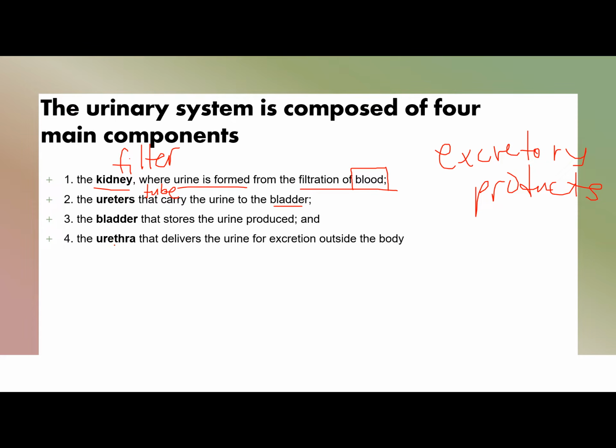And the last component is the urethra, which delivers the urine for excretion outside the body. So again, let me repeat, the four main components of your urinary system are the kidneys, the ureters, the bladder, and the urethra. Para tandaan nyo, use the acronym KUBU. Kidney, ureters, bladder, urethra.